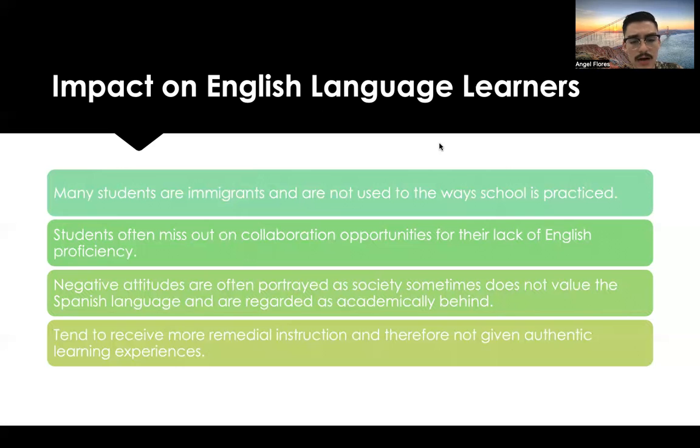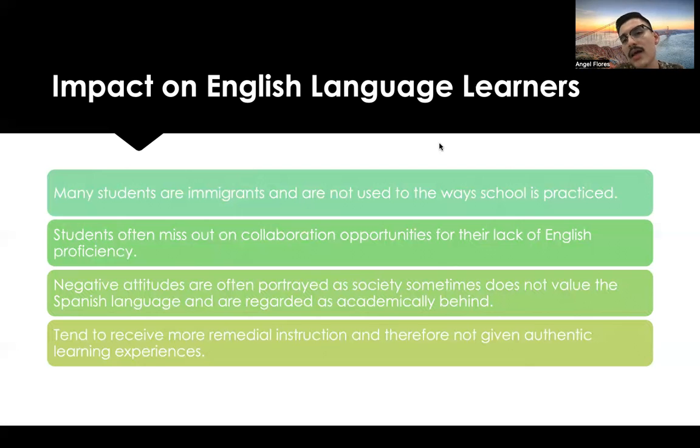Students often miss out on collaboration opportunities for their lack of English proficiency. So sometimes we don't say that our students have a problem, or we make it seem like our students are getting the best education, English language learners. I'm referring to English language learners. But systematically, they're always the one who comes second.